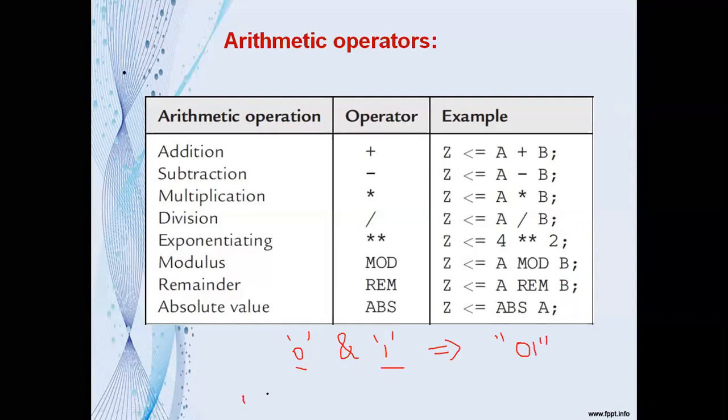Take another example. "000" is one of the signals, and now you are performing a concatenation operation with another "11". If you perform the concatenation operation, what is the result here? "00011", which is placed between double quotes.